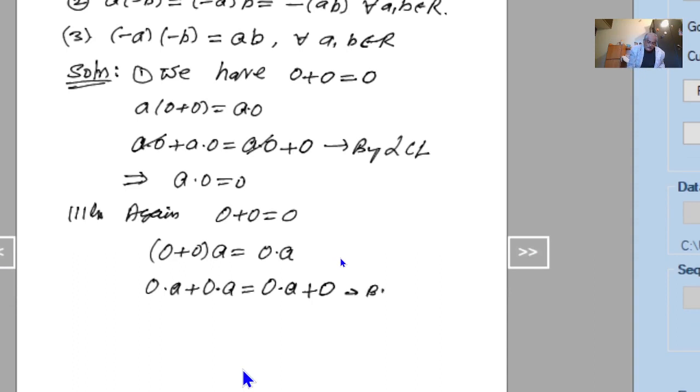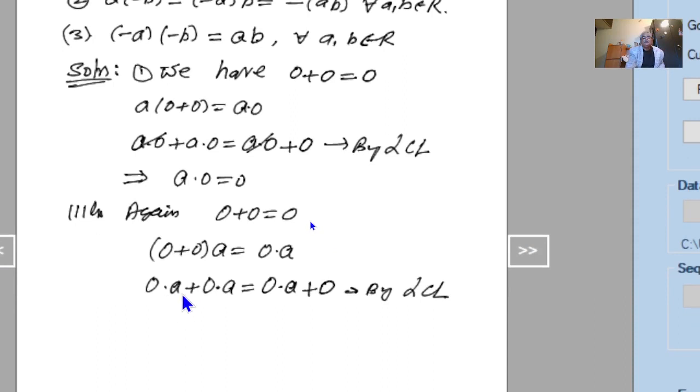Again by left cancellation law, 0 into A plus this equals 0 into A plus this. I can cancel this 0 into A, 0 into A. So removing these two elements, we get 0 into A is equal to 0.